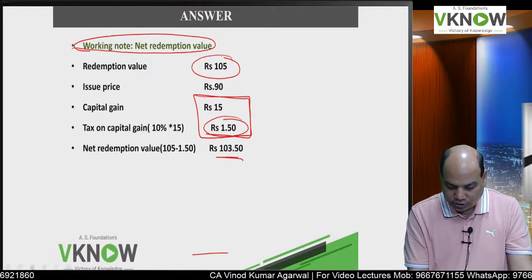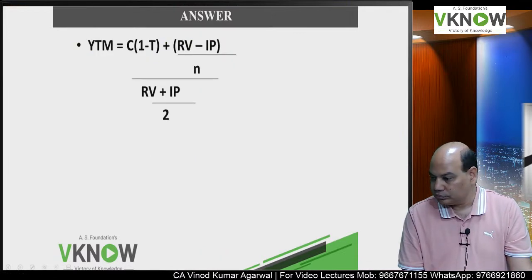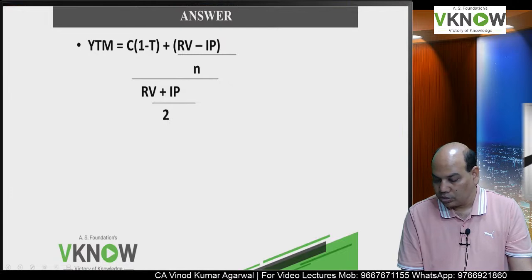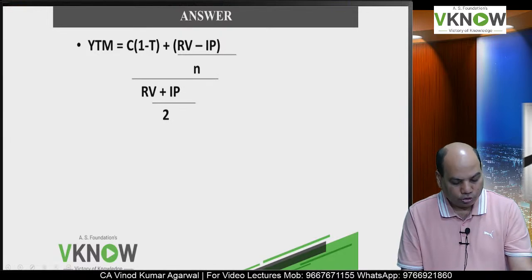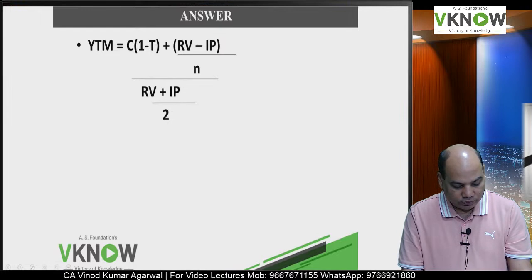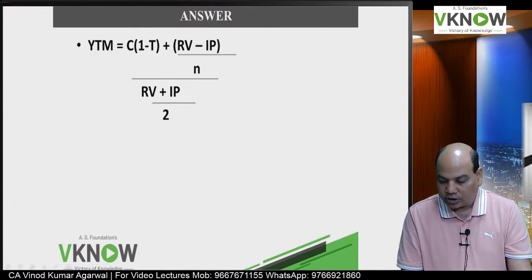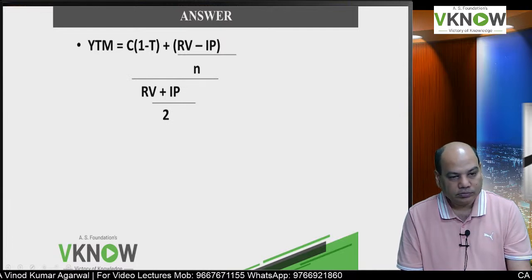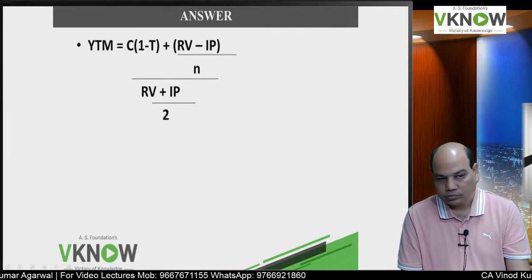Okay, so now write down the formula. YTM is equal to C into (1 minus T) plus (RV minus IP) upon N, divided by (RV plus IP) by 2.